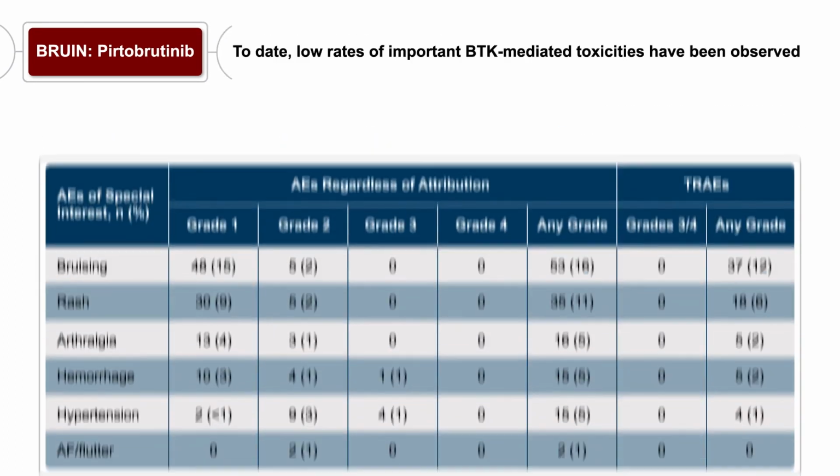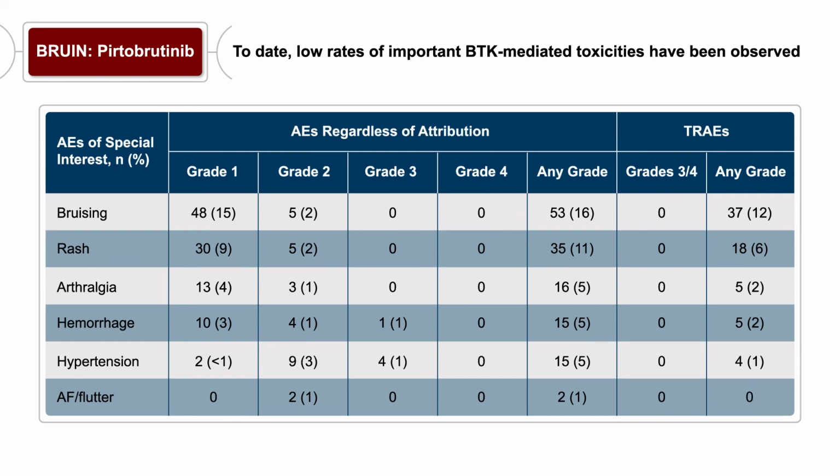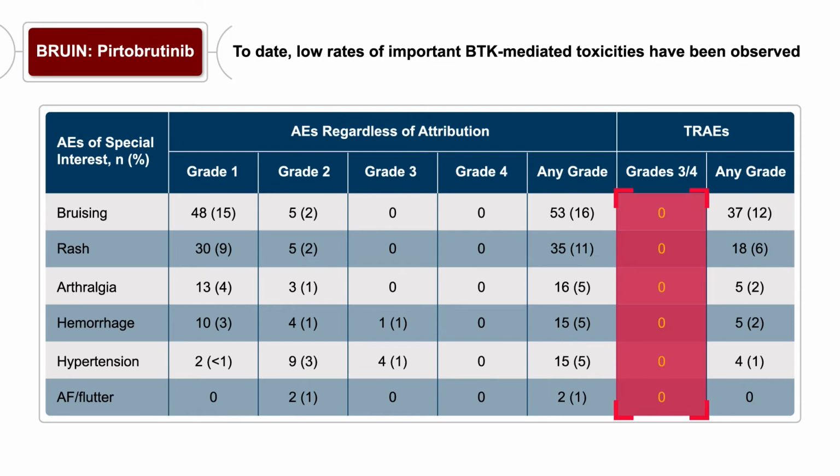Now, as a different sort of BTK inhibitor with a non-covalent mechanism of action, the question was, would the toxicity profile be different, especially given that this was a very selective BTK inhibitor as well? Obviously, this is an early phase study, but what was interesting is that there were very low rates of grade 3 to 4 treatment-related adverse events.